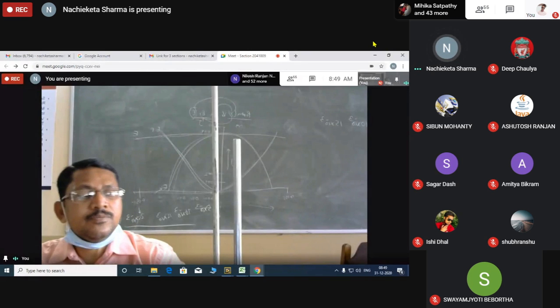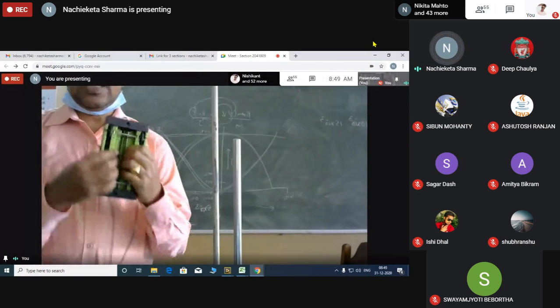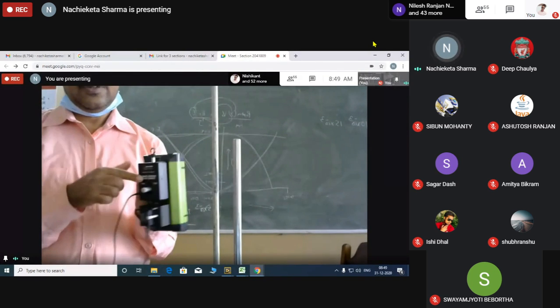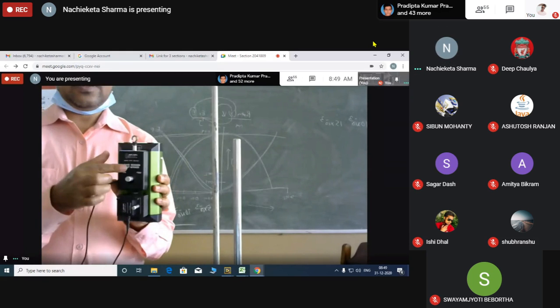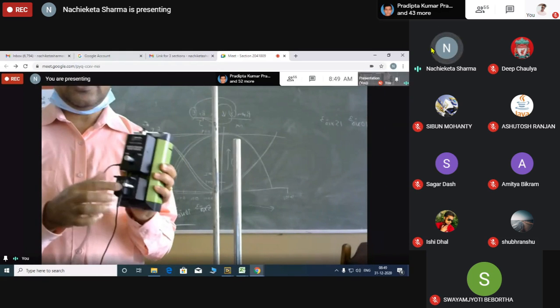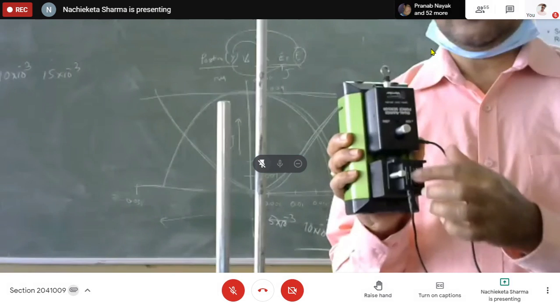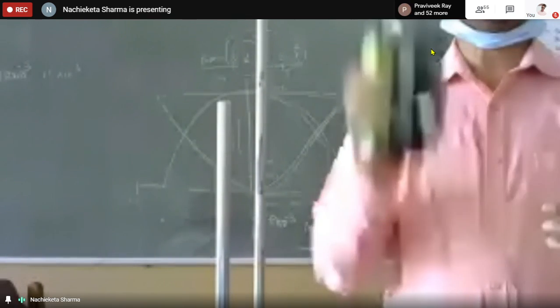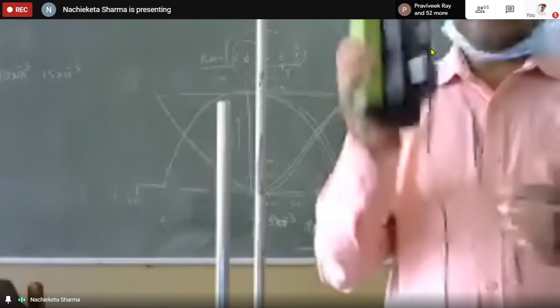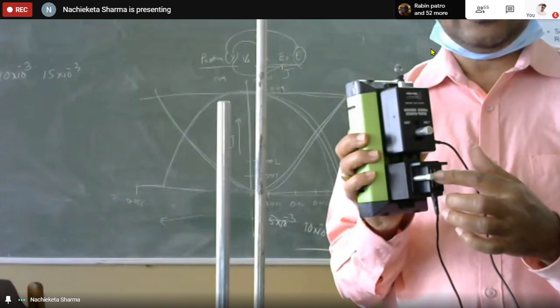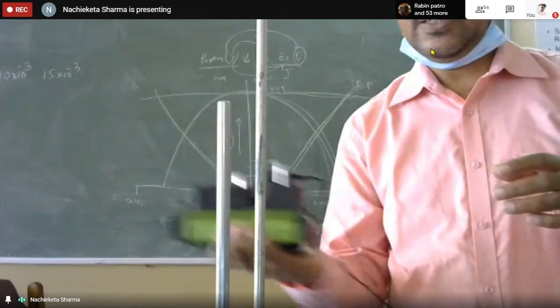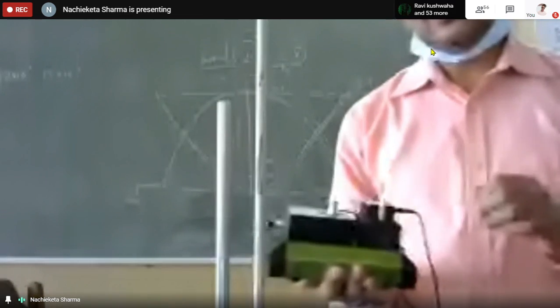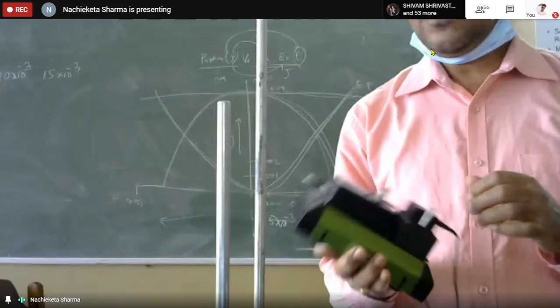You see here, this is your cart, this is your dual range force sensor, and this is your accelerometer, low G accelerometer is written here. If we apply force vertically like this, the acceleration can be detected by this accelerometer. If we apply force horizontally, the acceleration can't be detected by this accelerometer. That's why you have to apply force on this vertically.